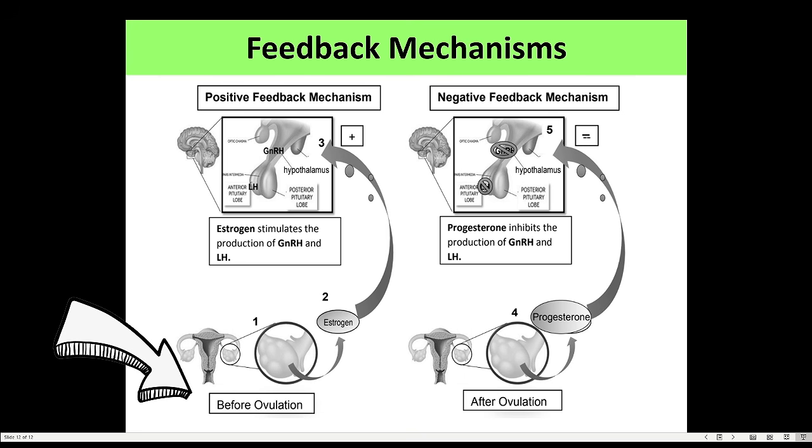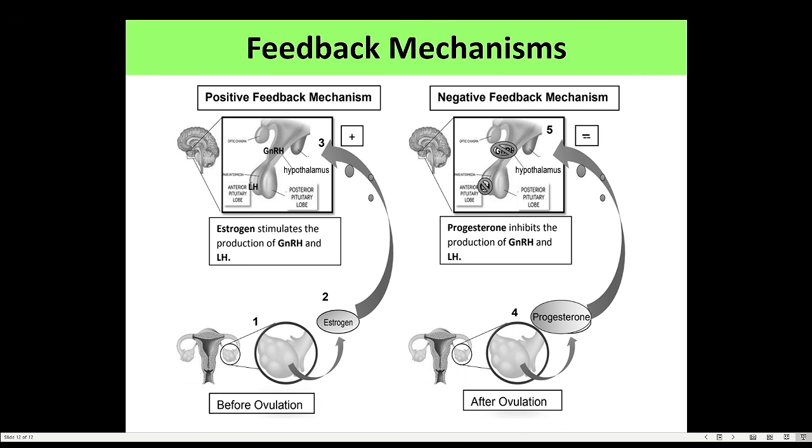The hormone estrogen stimulates the production of GnRH or the gonadotropin releasing hormone and the LH or the luteinizing hormone. This means the presence of estrogen, when it is released by the ovaries, signals the increase in these hormones.